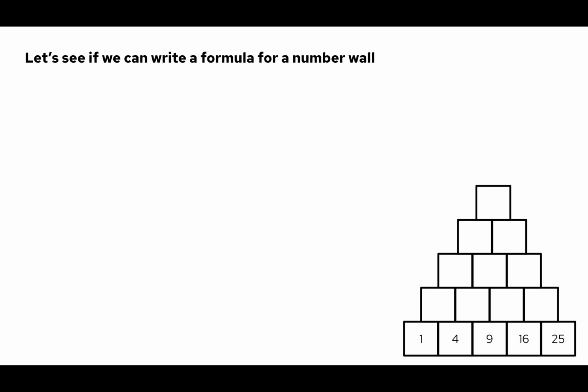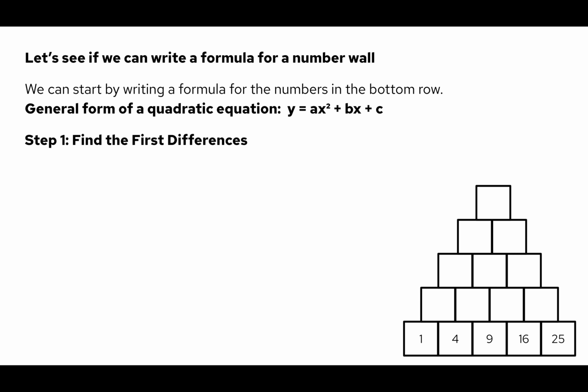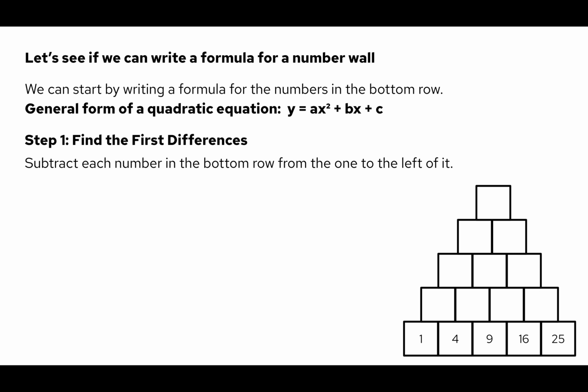So let's see if we can write a formula for a number wall. I'm going to use that first one, my perfect squares. And we can start by writing a formula for the numbers by using the bottom row. So the general form of a quadratic equation is y equals ax squared plus bx plus c. Step 1 is to find differences, like we were doing before.